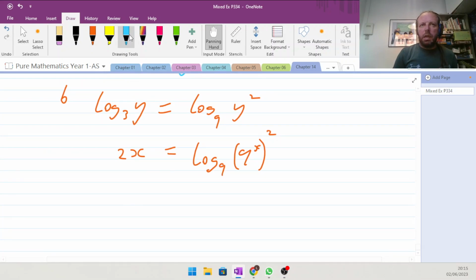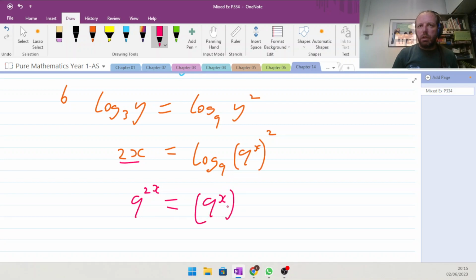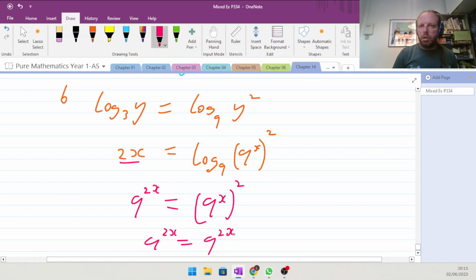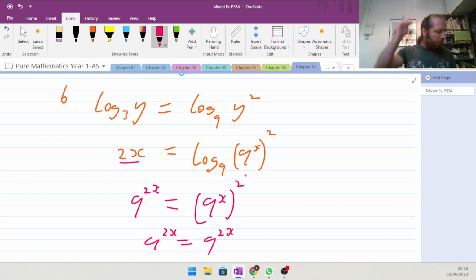So we're saying 9 to the power of the 2x is equal to 9x squared, which it is. 9 2x and 9 2x show that they're both the same thing, because working it backwards, whatever 9 to the power of what it's equal to is equal to what you're taking the log of. Okay?